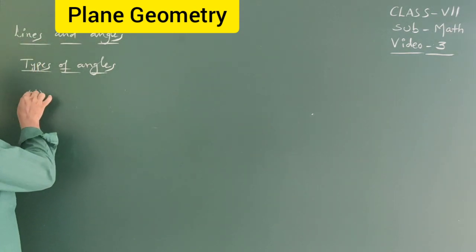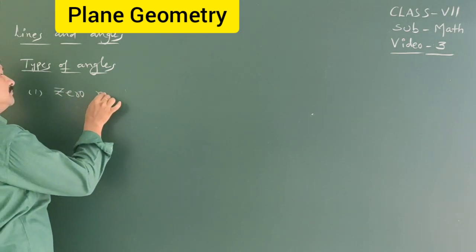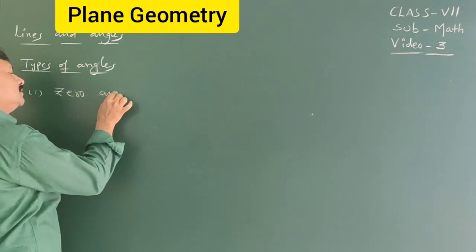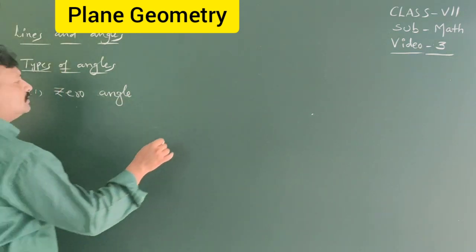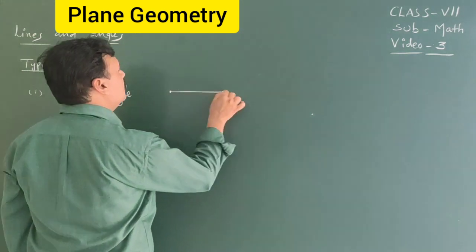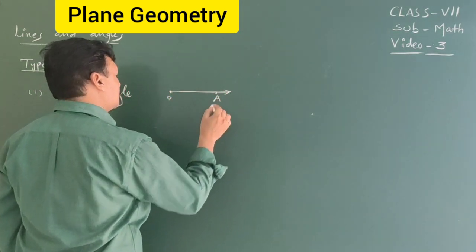Here we have zero angle. The measurement of an angle is zero. That it is called zero angle. There is no amount of rotation here.